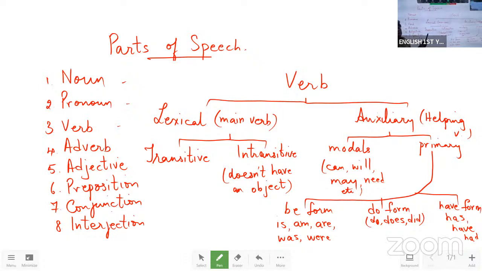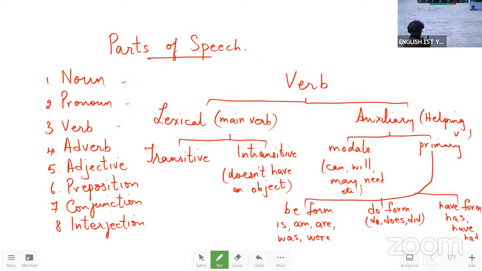And if you see in study material, they write, but take for example, be form, it's just written in primary, be form, do form, and have form. It is not mentioned what is be form.